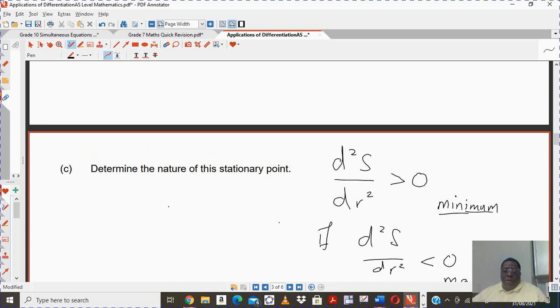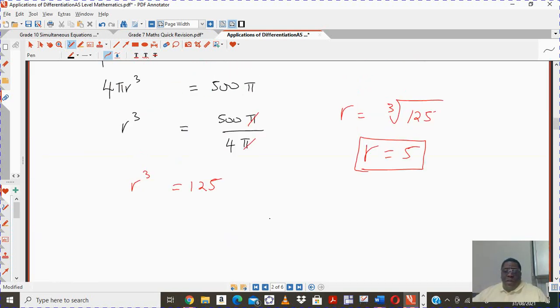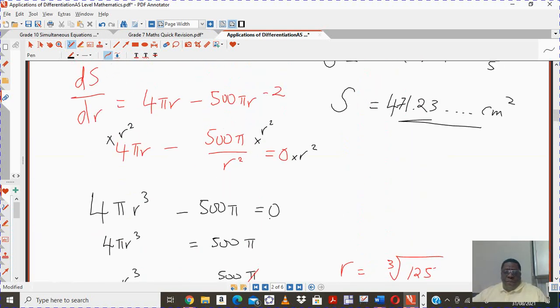So what is our first derivative? If we bring it in, it's this particular value that I'm interested in, 4 pi r.